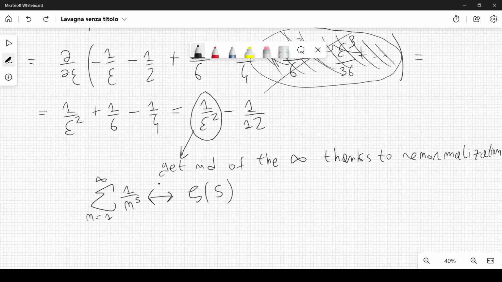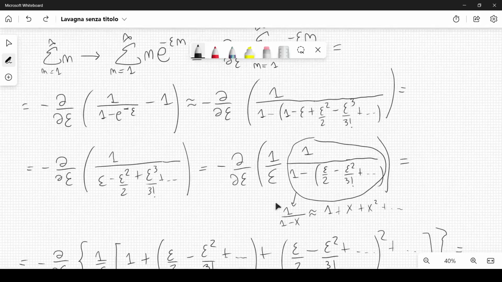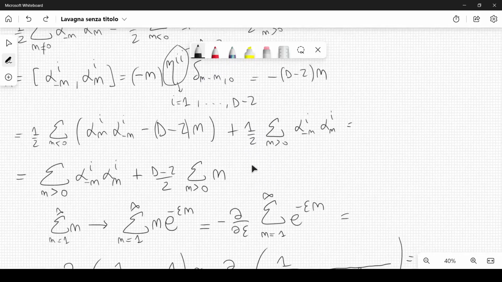So the infinities in this kind of process will be lost. Therefore, we have to choose the following value for the series, minus 1 over 12. And if we go back up, here we replace minus 1 over 12.